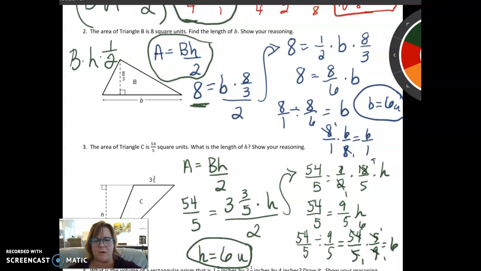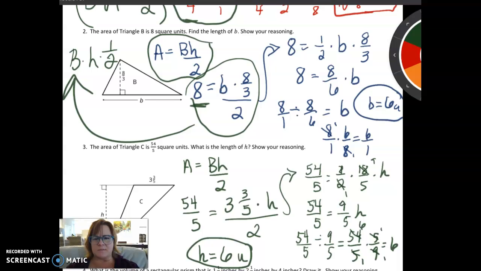Well, now I'm going to think about my area formula like this. Dividing by 2 is the same as multiplying by 1/2. So I'm going to rewrite that. 8 is equal to 1/2 times B times 8/3. Because what that enables me to do now, you guys, is to multiply 1/2 times 8/3, which is 8/6, and then just multiply that times B, and that equals 8.